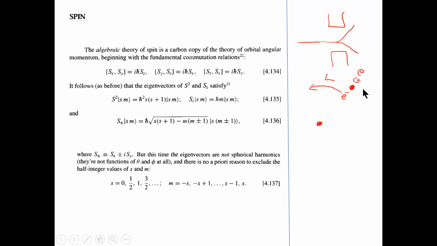The theory for spin will be just like the angular momentum theory, because the physical phenomenon is the same. Here it is revolution, that is rotation. So the theory is just a carbon copy.